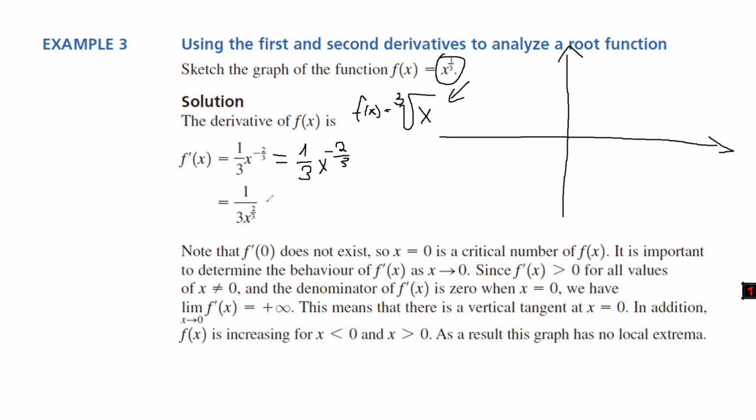Now we flip it over, getting rid of this negative power, right? So now we have 1 divided by 3 times x to the power 2 over 3, which also equals 1 over 3 times the third root of x squared.